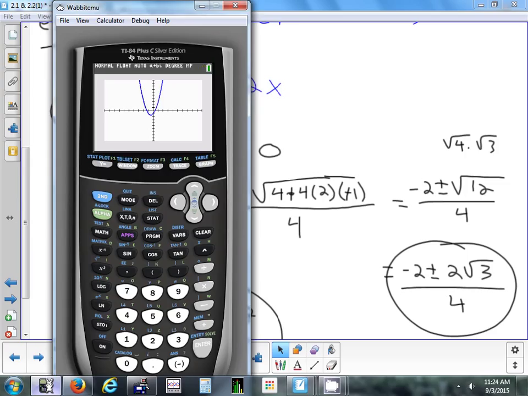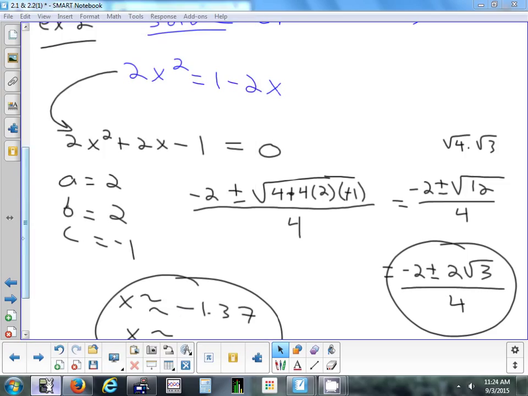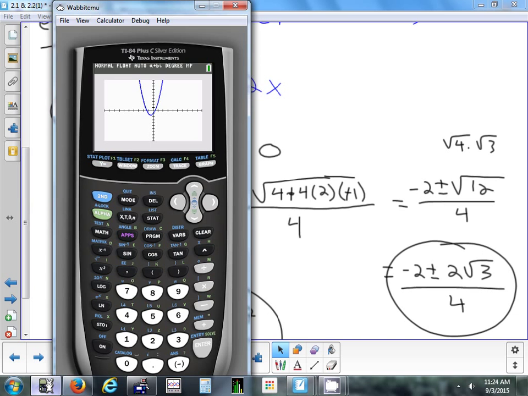I'm not looking for an intersect now. Sorry, I'm not looking for where graphs cross. I'm looking for the x-intercept. I can do it either way. And now if you do second calc 0, you're going to get exactly the same answers that we just did, graphing it the other way. I'll just find the same one again. Negative 1.37.